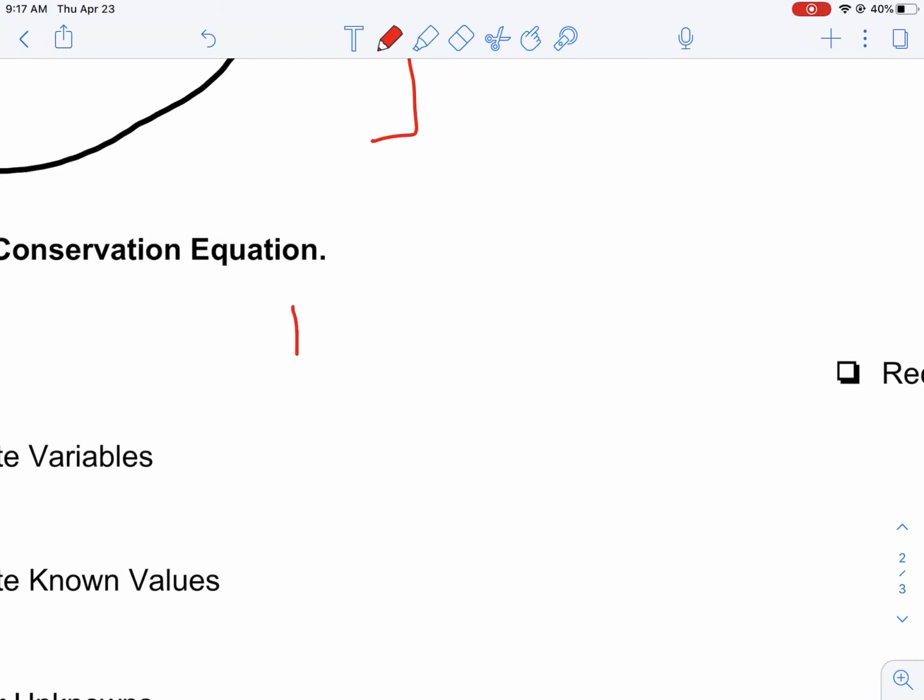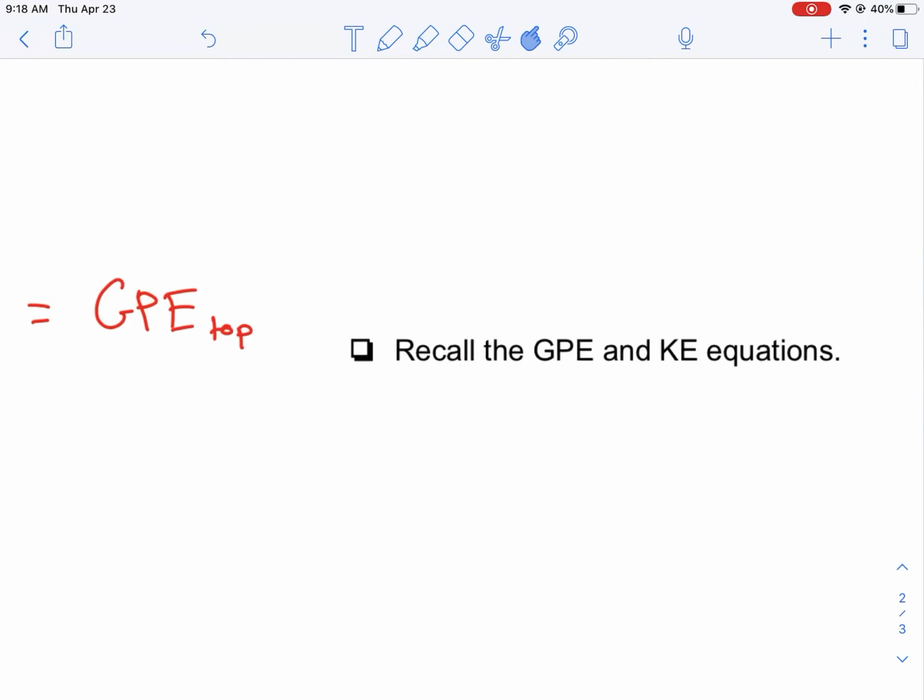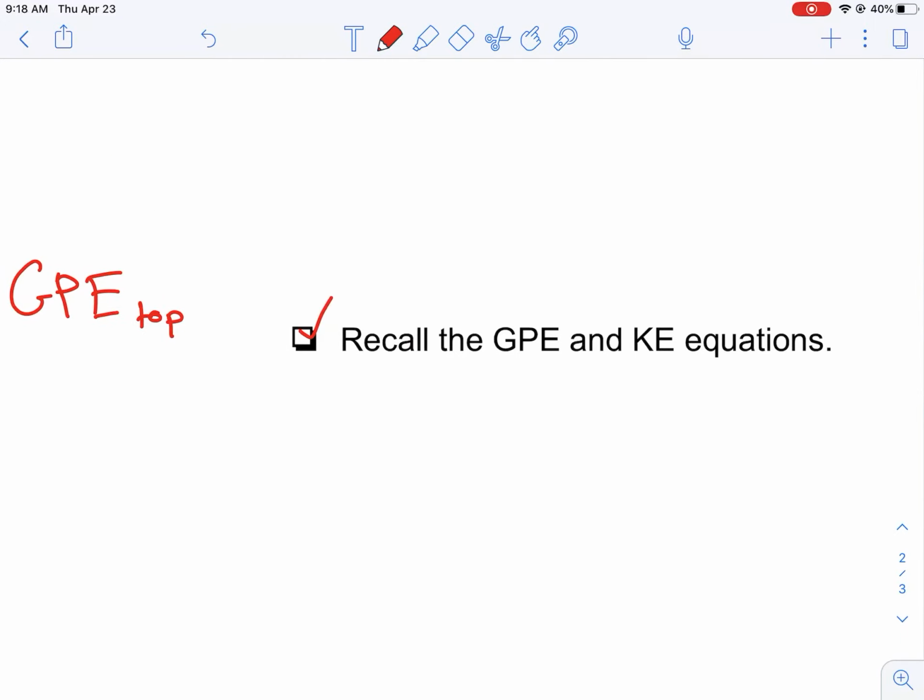So we're going to write our conservation equation. He starts with kinetic energy at the bottom, and that's going to equal his gravitational potential energy at the top. Let's recall the GPE and kinetic energy equations.